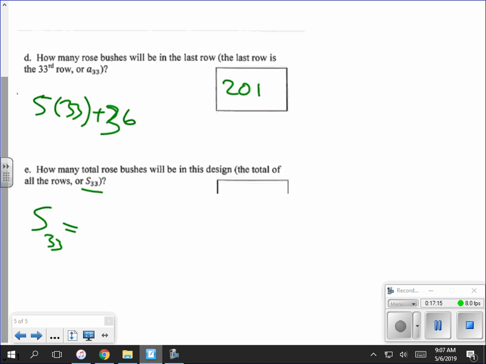The total number of rows we have, 33, divided by 2, times how many were in the first row, 41, plus how many were in the last row, 201. And I get 3,993. Okay, questions?